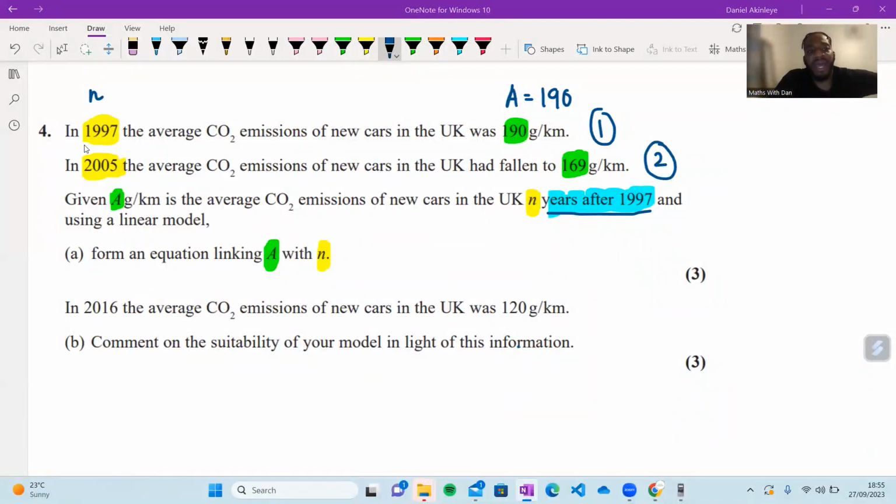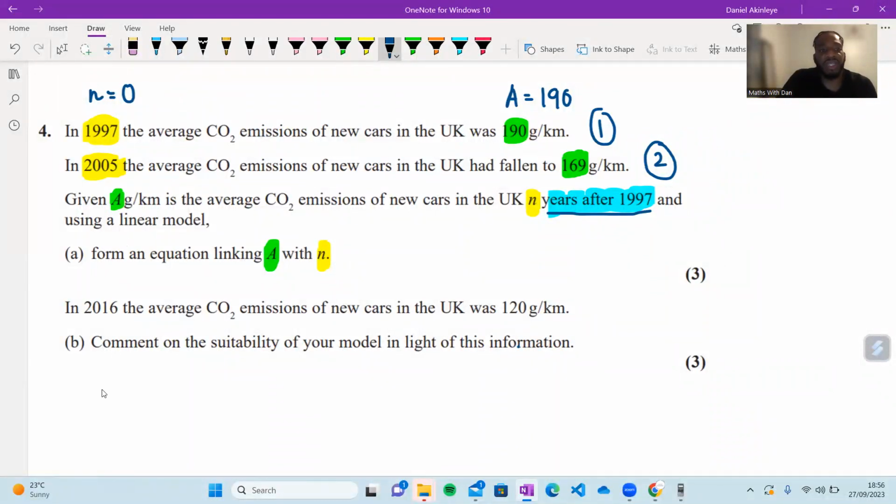So if we're in 1997, what do we think our value of N will be? Because it's saying that N is representing years after 1997. Let's see the chat. Good stuff. Exactly, thank you very much, Fiona. It will be zero, because this is your start.